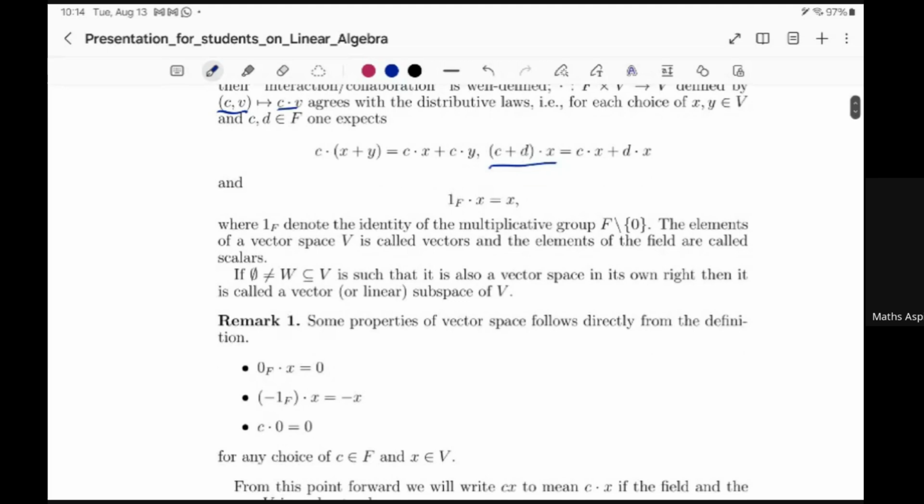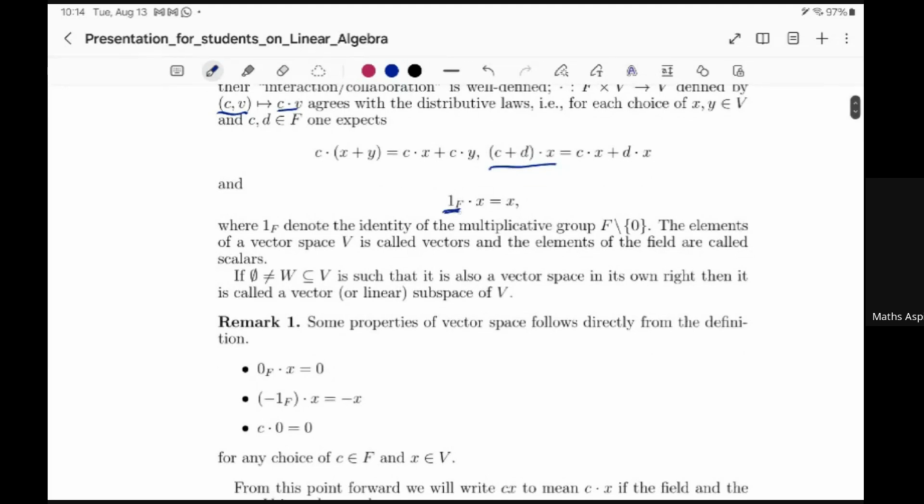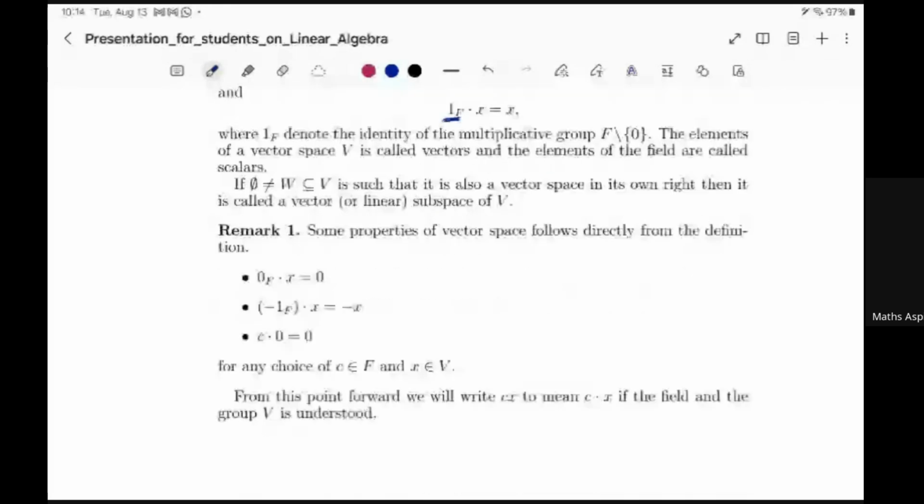And also you have the one element, which is the multiplicative identity of the field F. And if you multiply that, multiply meaning this dot thing that I am talking about, with any arbitrary vector X, then it will give you back the vector X. Okay.